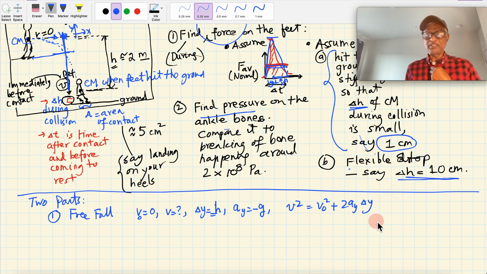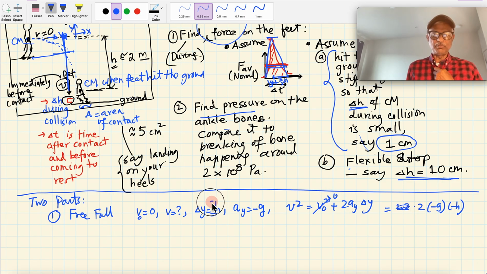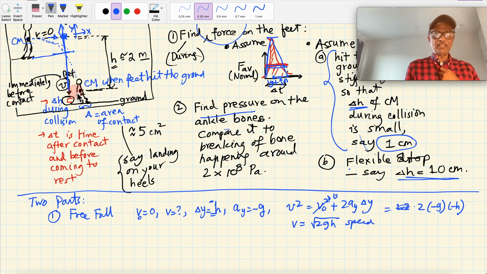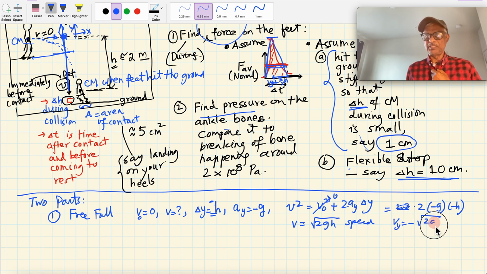So delta y is negative, and v0 is 0. So you have 2 times minus g times minus h. Actually delta y will be negative because you start from here. Say y equals 0 here, with y up positive, then it's going to be negative h over here. So the speed v is the square root of 2gh, and it's going down like that. So vy will be negative square root of 2gh.